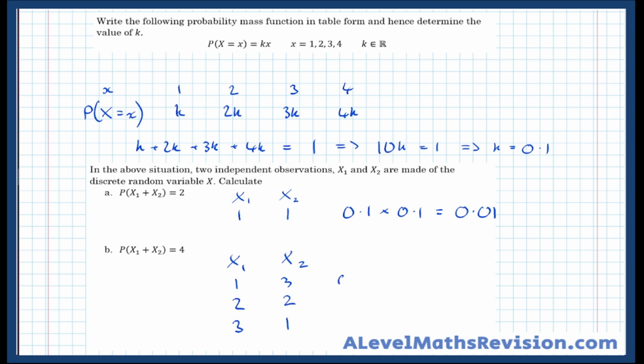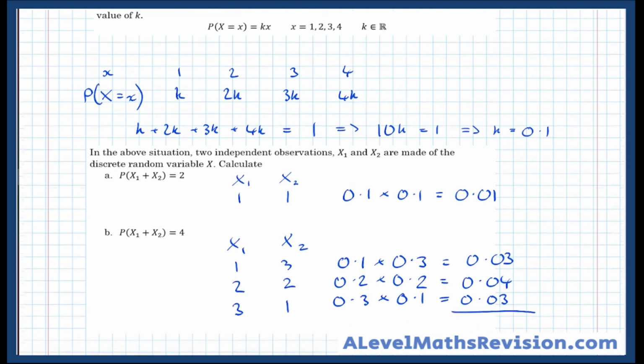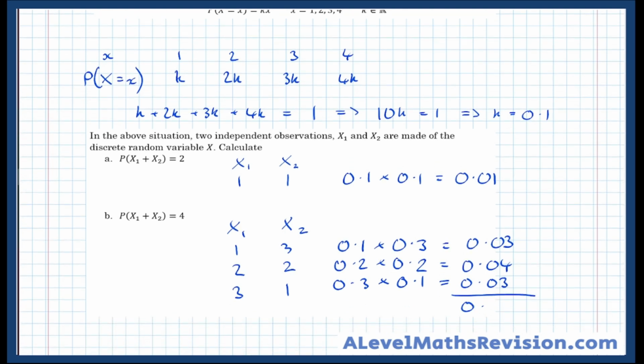The probability of a 1 was 0.1, and the probability of a 3 is 3 times k, 3 times 0.1, which is 0.03. 0.2 times 0.2, the probability of rolling a 2 and then another 2 is 0.04, and then a 3 and a 1 again, 0.3 times 0.1 equals 0.03. Add them all up together, so 0.03 plus 0.04 is 0.07, plus 0.03 leaves us with 0.1.